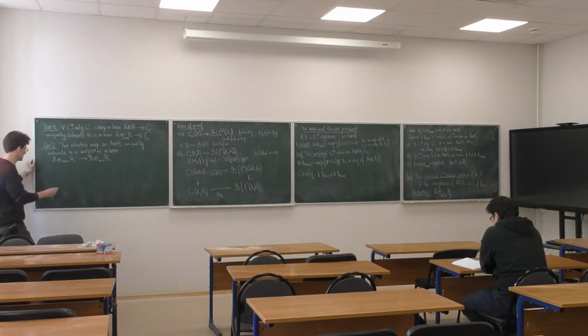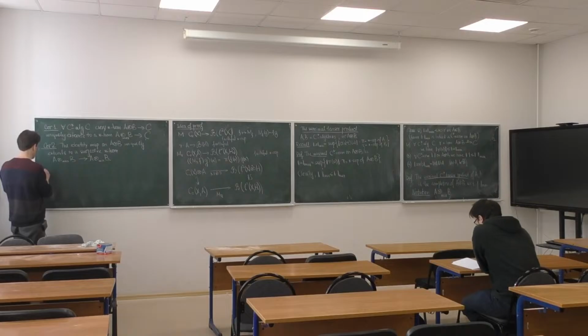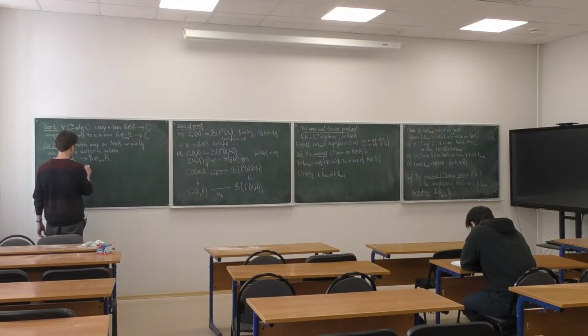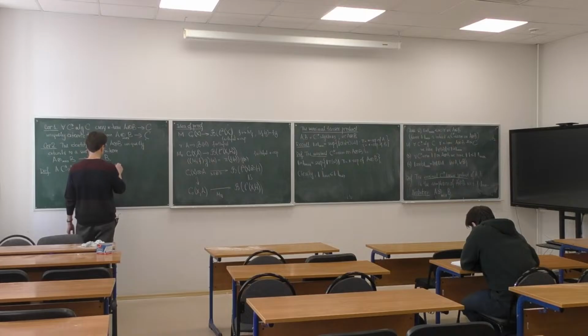And this question leads to the following definition, also due to Takesaki. We say that a C-star algebra A is nuclear. The Russian terminology is ядерная.